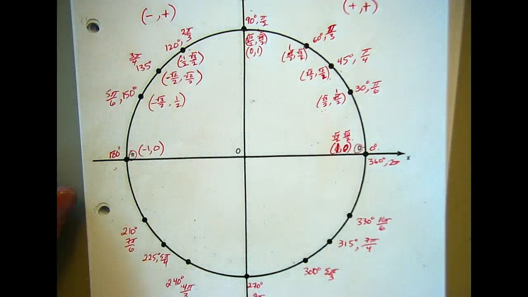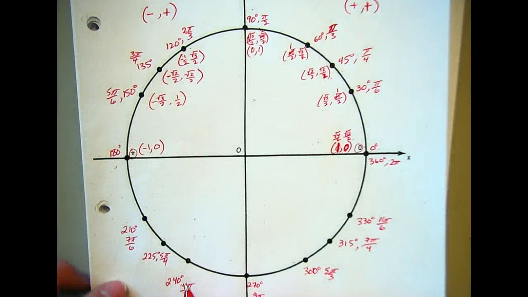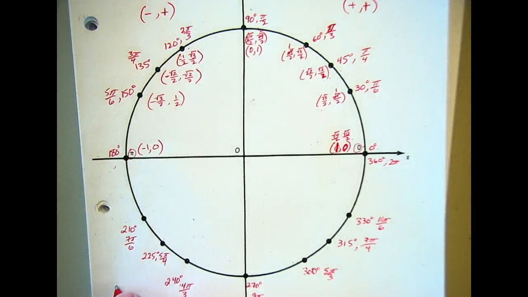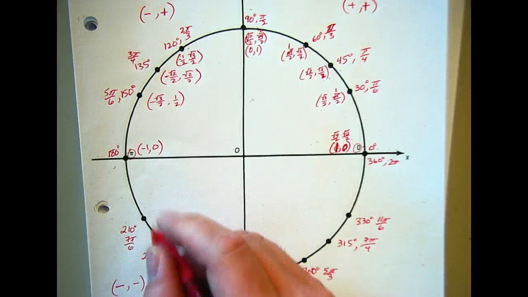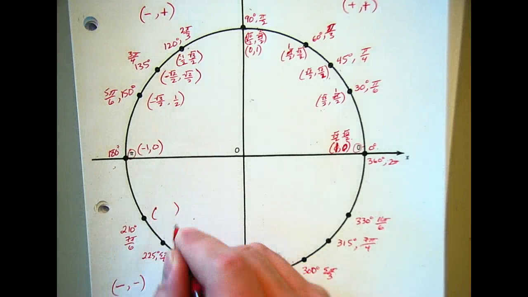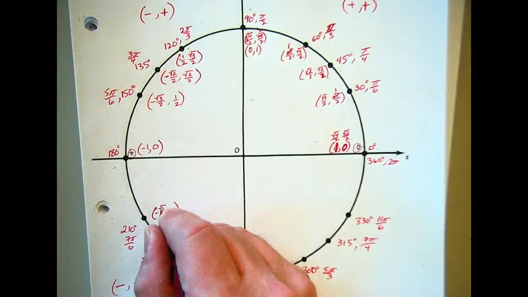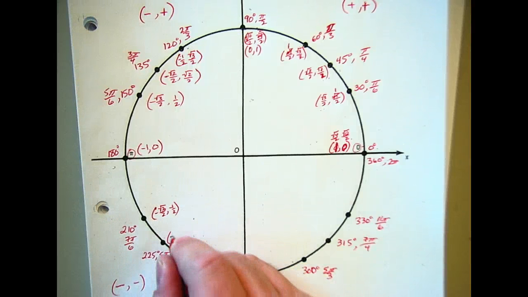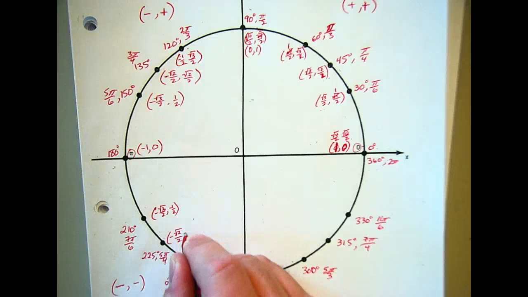Okay, and then we keep going down here. We have negative, negative. So now everything's negative. So this is negative root 3 over 2, negative 1/2, negative root 2 over 2, negative root 2 over 2.